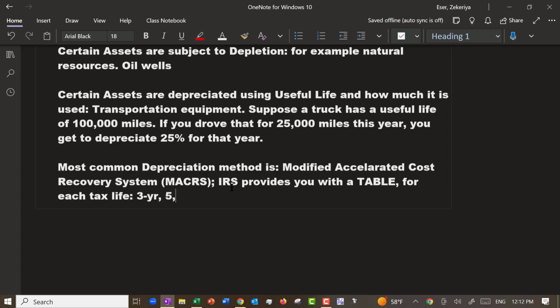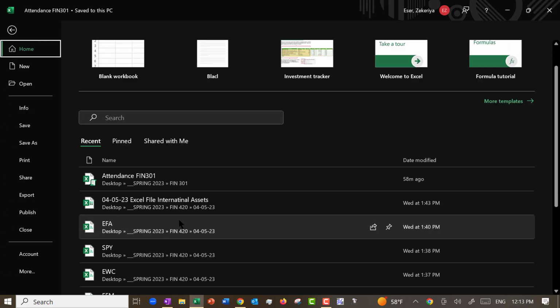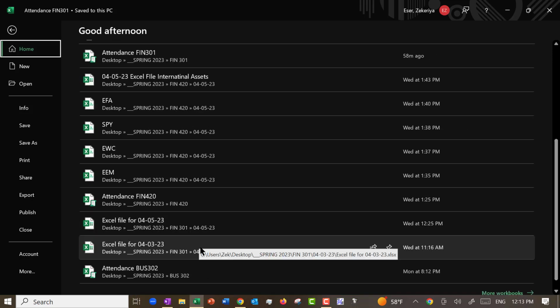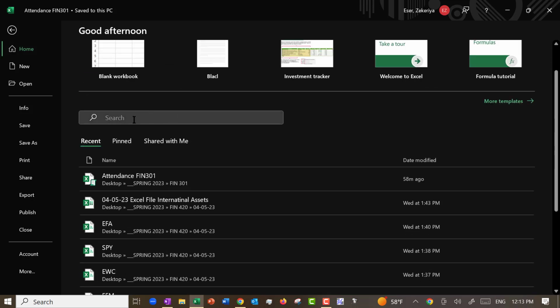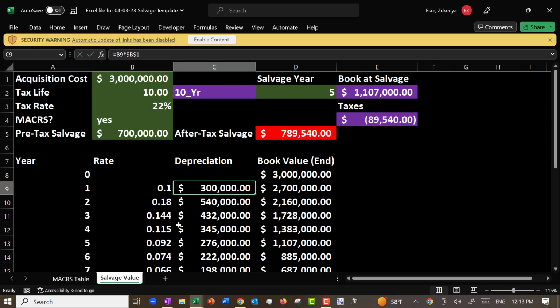I already have those numbers somewhere around here because I covered stuff like that in my basic finance. Let me see. I'm just going to get rid of all of these.